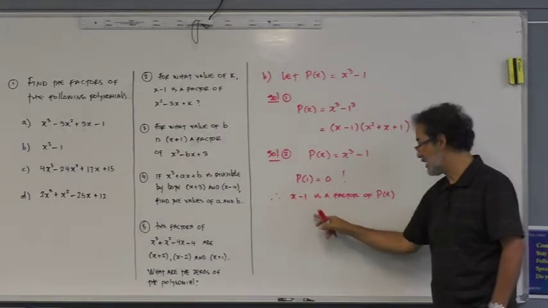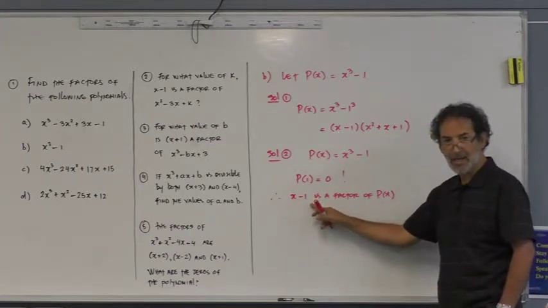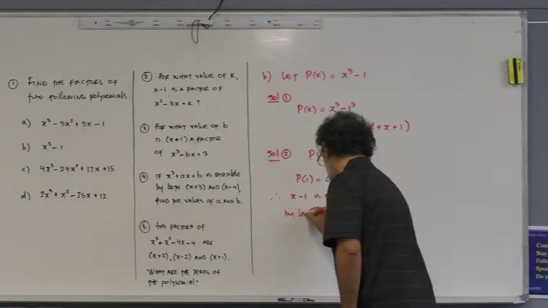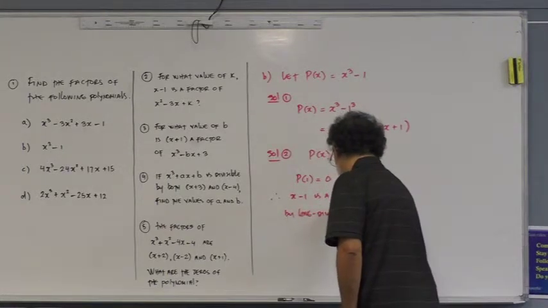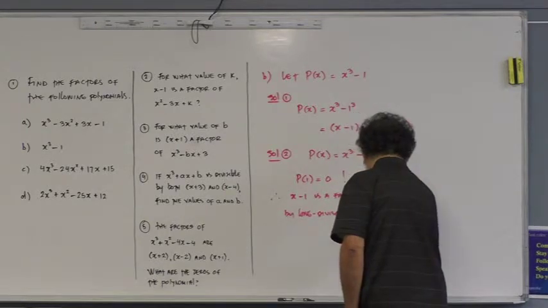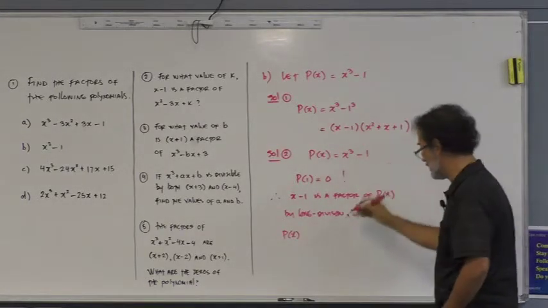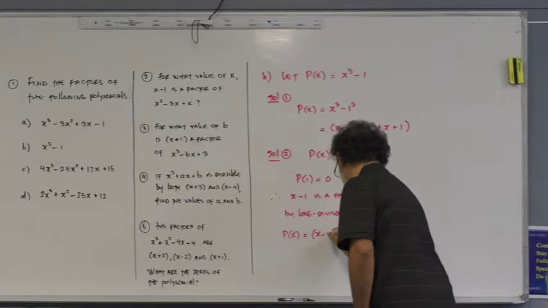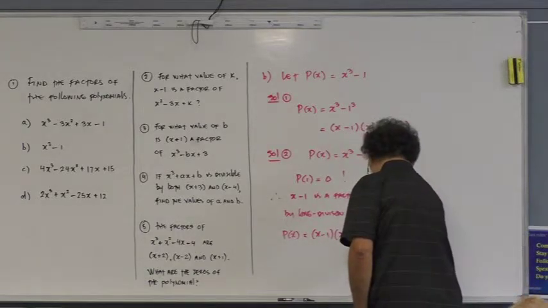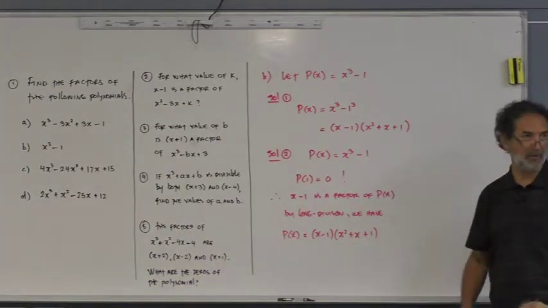You will see that the remainder has to be 0, because this is a factor. At the end, by long division, we have that p of x is exactly x minus 1 times x squared plus x plus 1. And that's it. We saw that we cannot do anything more.